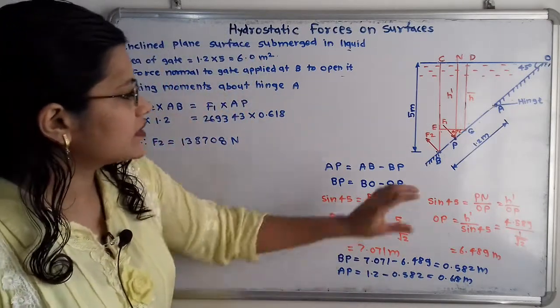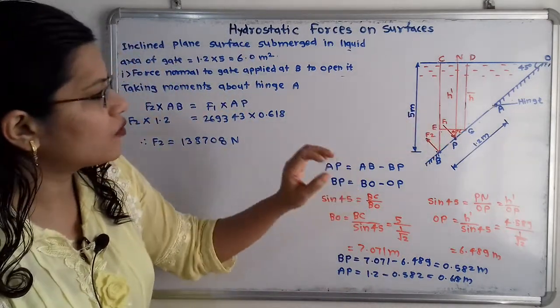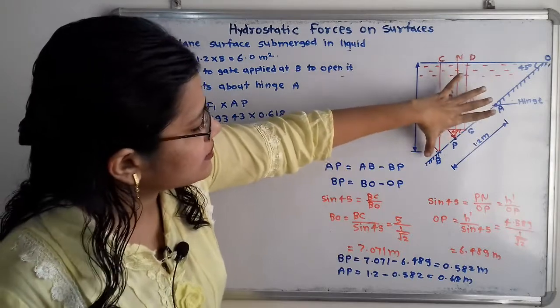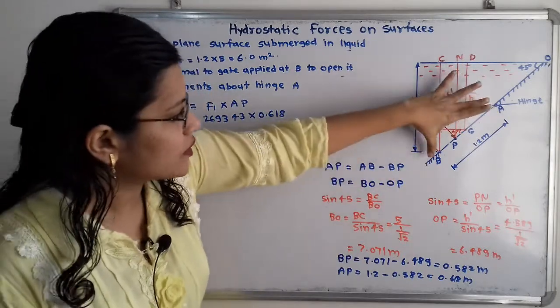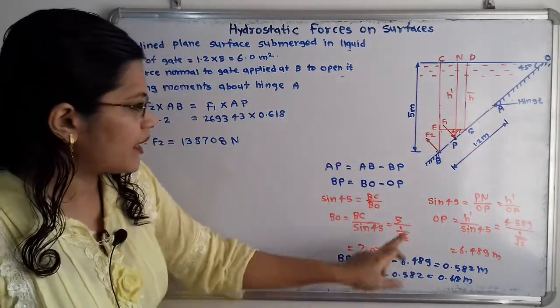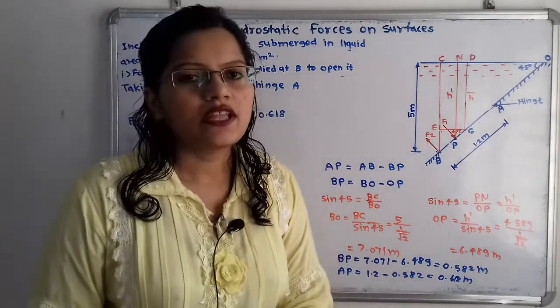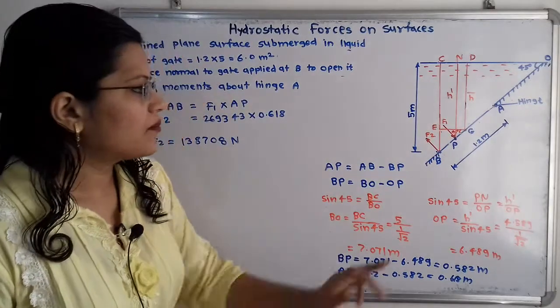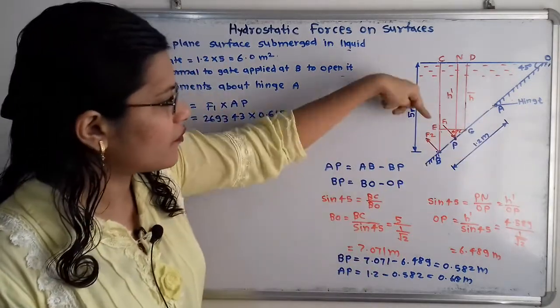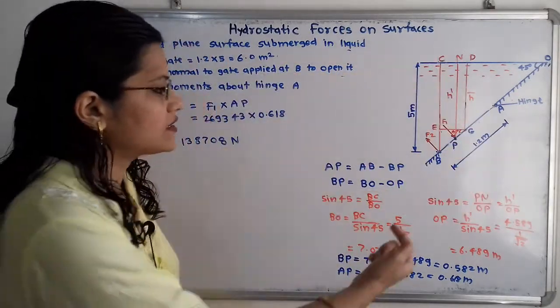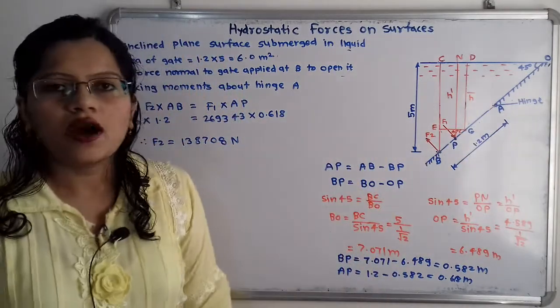So when we get this distance BP, then how to calculate this AP, that is AB minus BP. So what is this AB, that is 1.2 minus this BP, which is equal to 0.618 meter. Now we will take the moments about this hinge A. There is the force F1 in this downward direction and force F2 is in the upward direction.